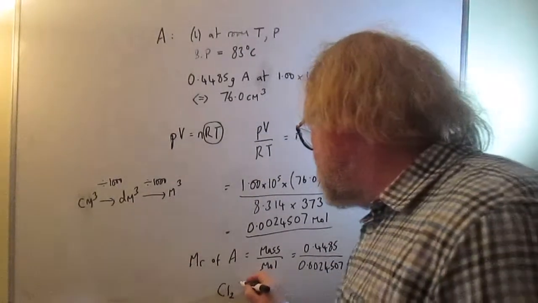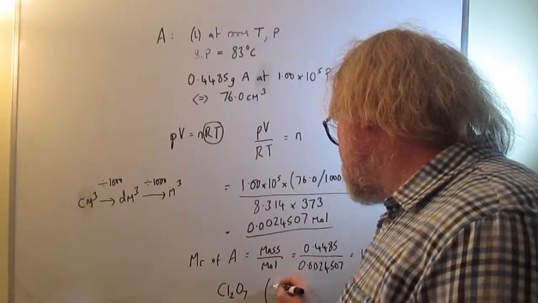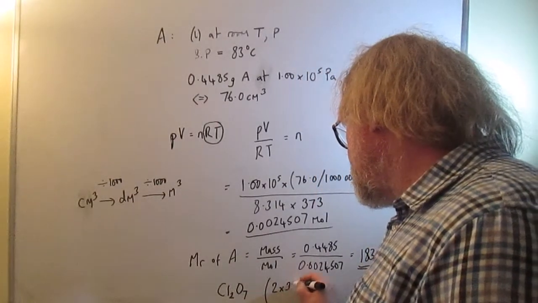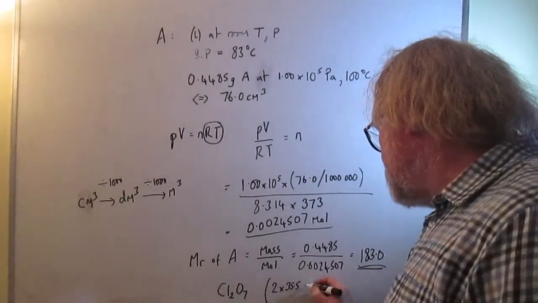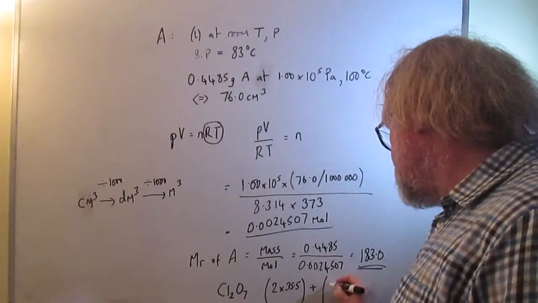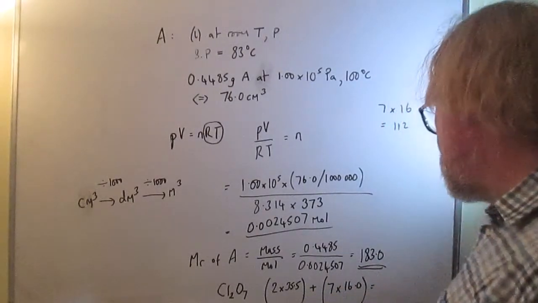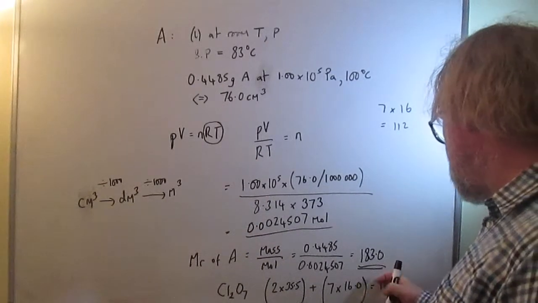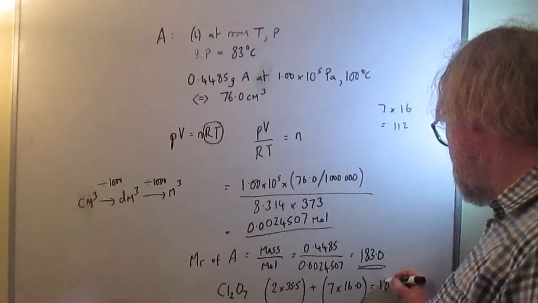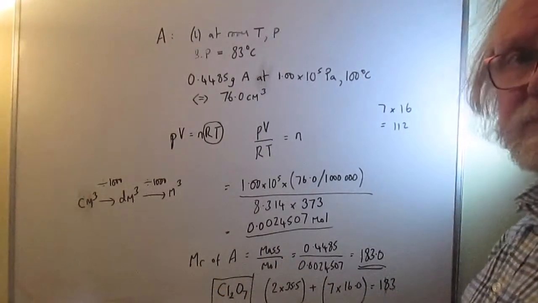So Cl2O7 fits, because you've got 2 times 35.5 for the 2 chlorines, plus 7 times 16 for the 7 oxygens, equals 183. And therefore that is your answer.